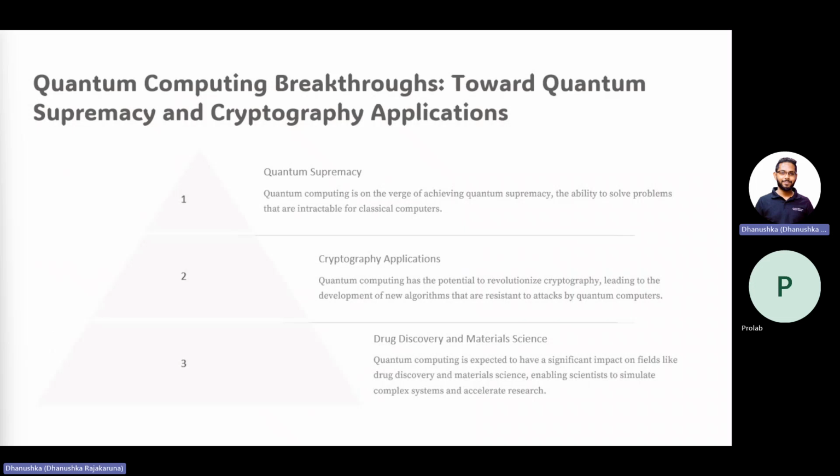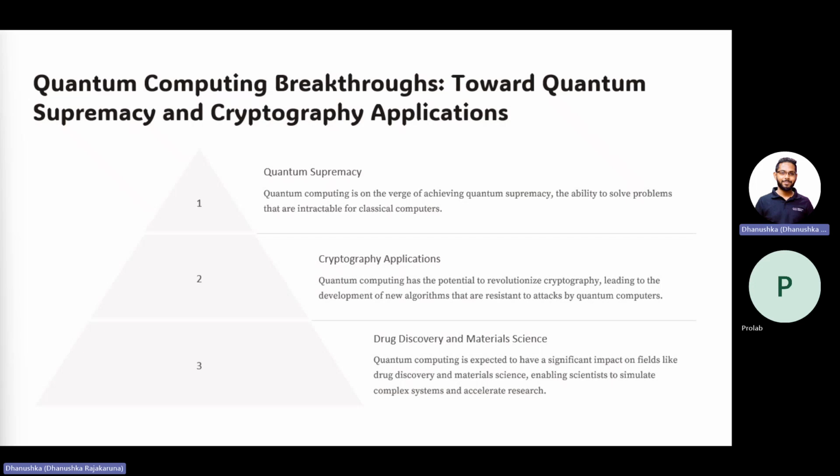So next one will be quantum computing breakthroughs. Quantum computing, leveraging the principles of quantum mechanics, has seen remarkable progress in recent years with advancement in hardware, algorithms and particular use cases.